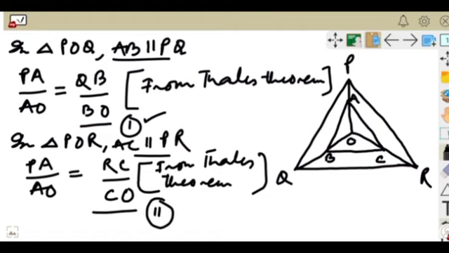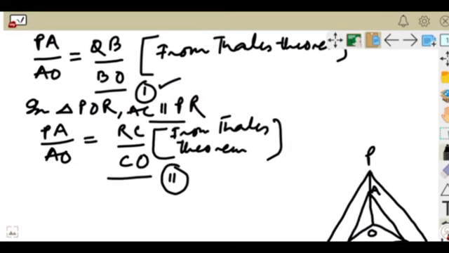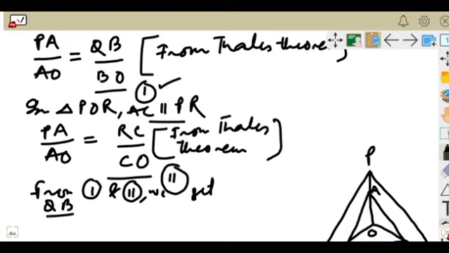What happened here? In both equations, equation 1 and 2, we find that their left hand sides are equal. That means even their right hand sides should be equal. So I'll write here from 1 and 2, we get QB by BO equal to RC by CO. This is what we get now.